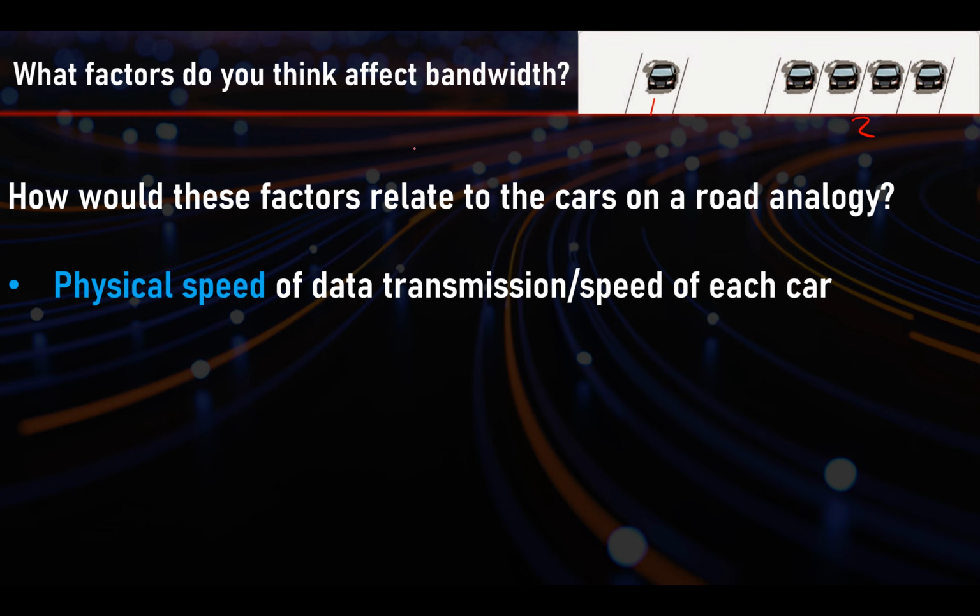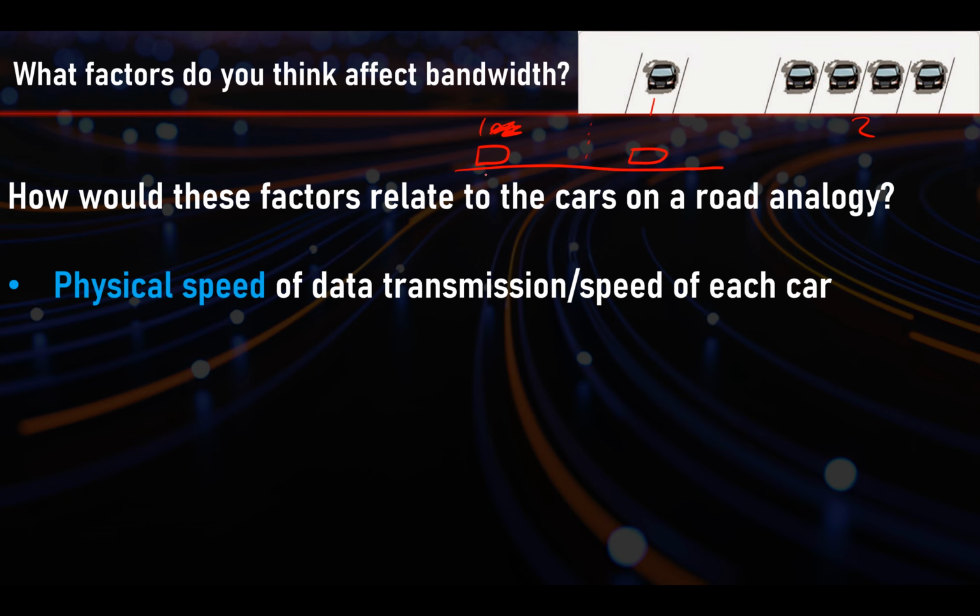Let's say we do a side-on view of the road. This is our road, this is car 1, this is car 2. Let's say each car is going at 100 kilometers per hour, and here is our detector. Then each second we're going to detect lots of cars going past. In contrast, if the car's only going 1 kilometer per hour, then we're not going to detect as many cars.